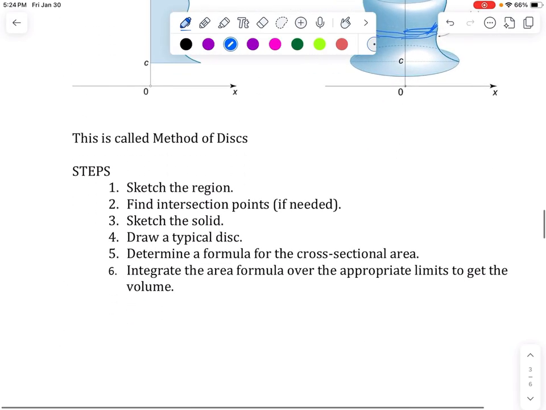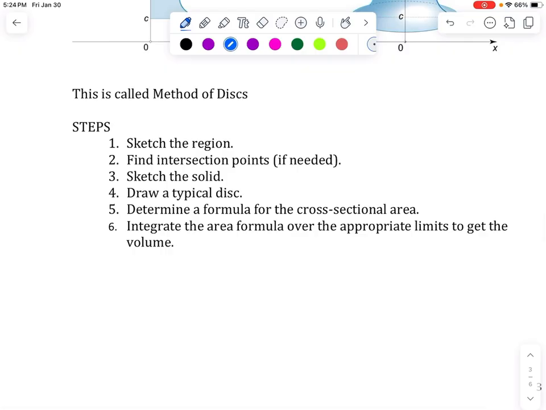Okay, so what are the steps here? Sketch the region. Now, to sketch the region, sometimes there can be more than one function which bounds the region. In that case, you will have to find the points of intersection.